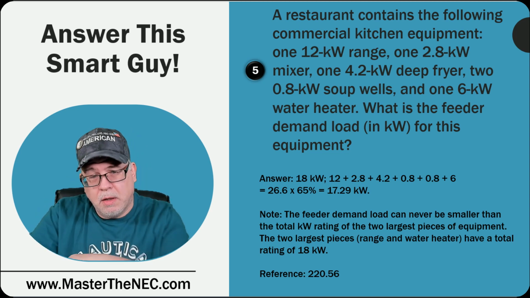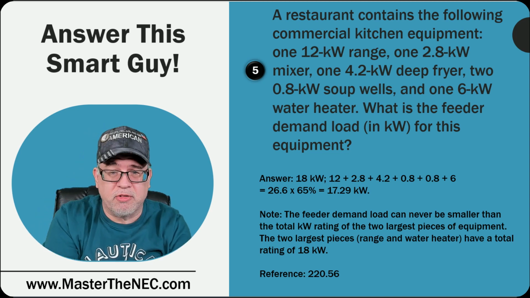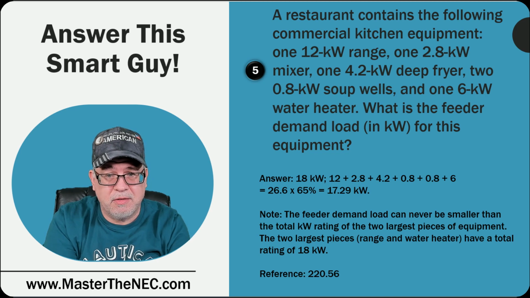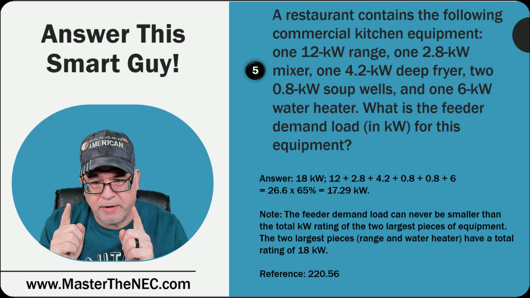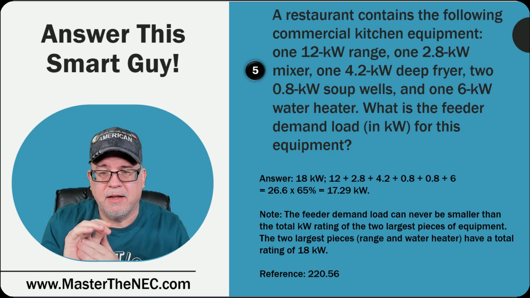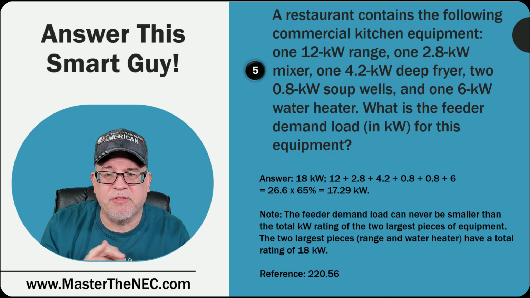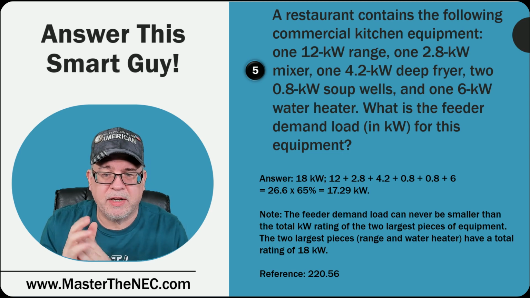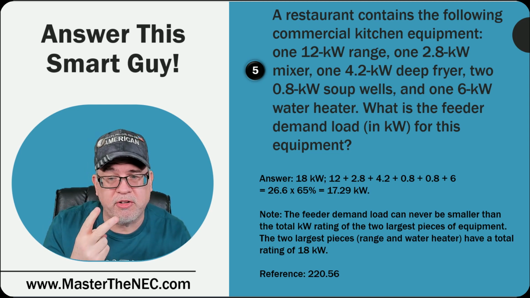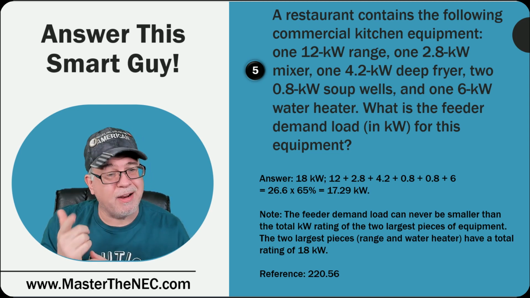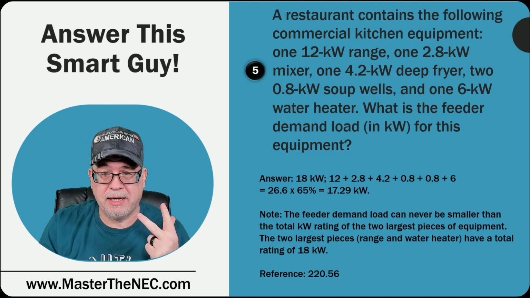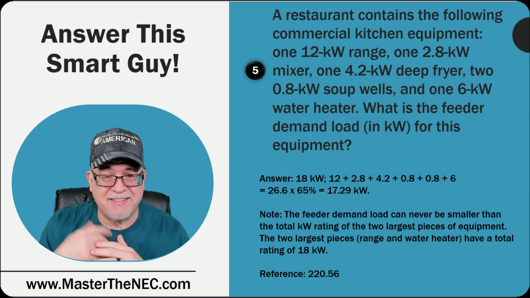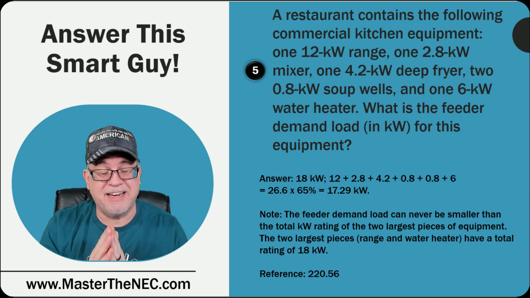Now, you can bet that one of the answers on the quiz is going to be 17.29. However, that note was very important. As it says right here on the screen, the feeder demand load can never be smaller than the total kW rating of the two largest pieces of equipment. And in our case, the two largest pieces of equipment are the range and the water heater. So that 12 plus that 6, which are the two largest, together is 18.